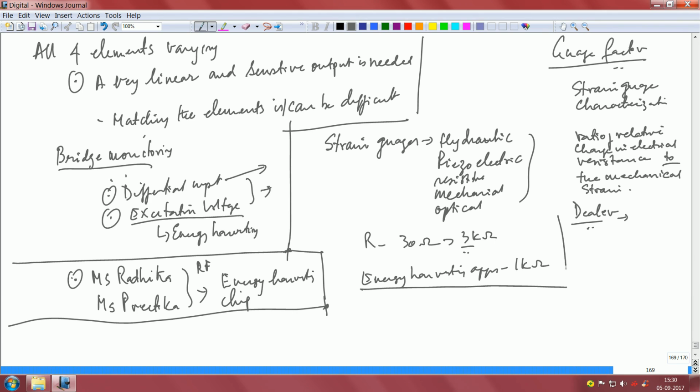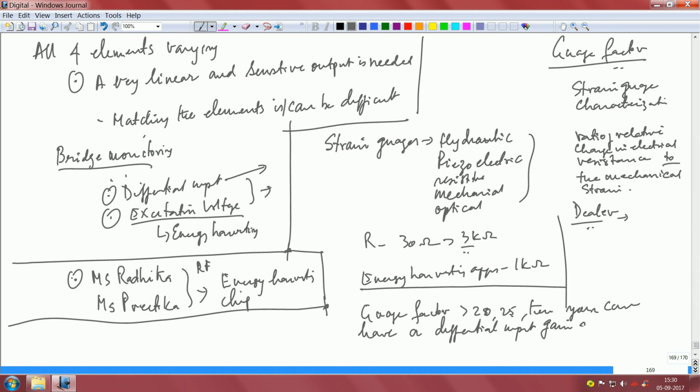So, the key point is here, the gauge factor, if it is a high value, let us say greater than 20 or 25, then you can have a differential input gain of about 2 up to a maximum of about 4.